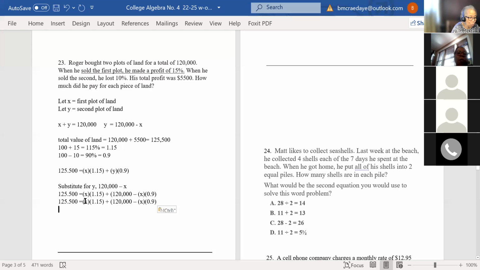Well, this would just be 1.15x, it's a coefficient. What would the next one be?